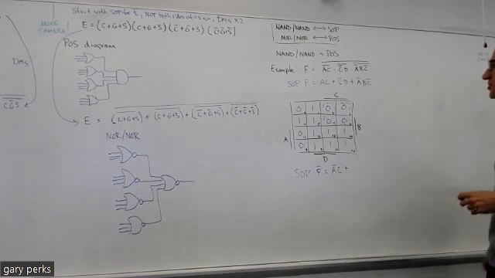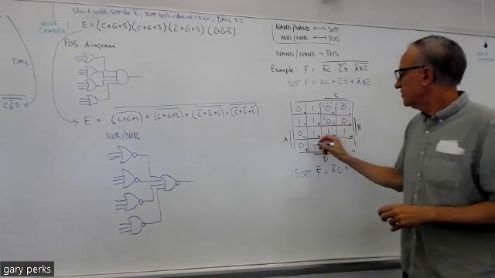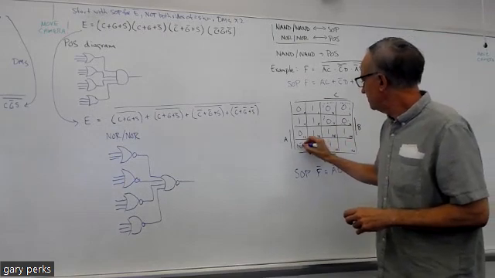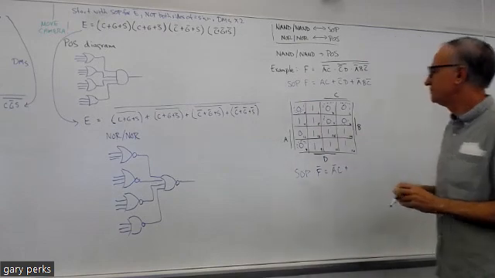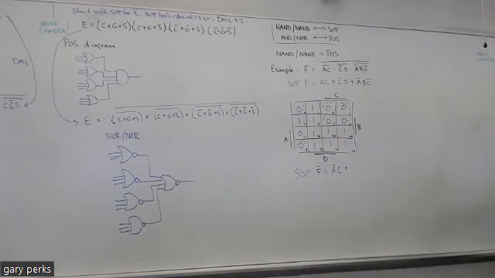Okay, let's see, what would you do next? 0 and 8. Okay, it looks like there's more than one correct solution. But anyway, 0 and 8, what term is that going to give us?